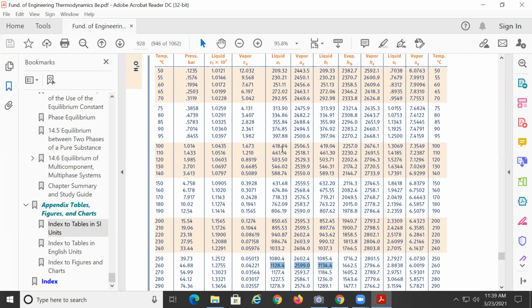You can also write V sub F, that way we don't have to write it again. So V sub F would be equal to what? 1.2512 10 to the minus 3. Vg would be, no, it's 1.2755, sorry. And V sub G would be 0.04221.